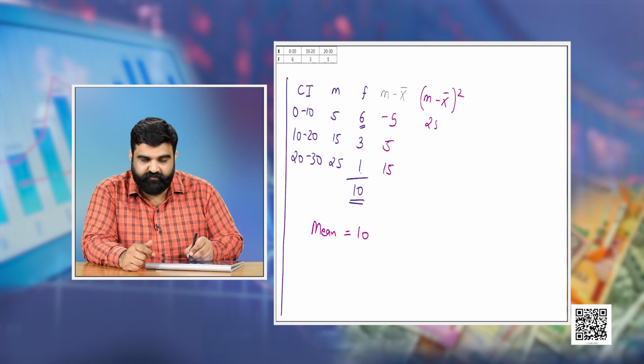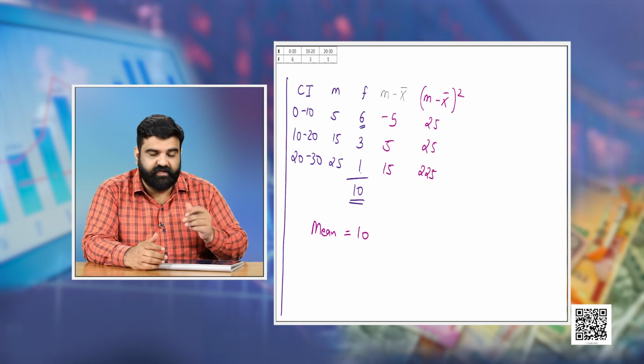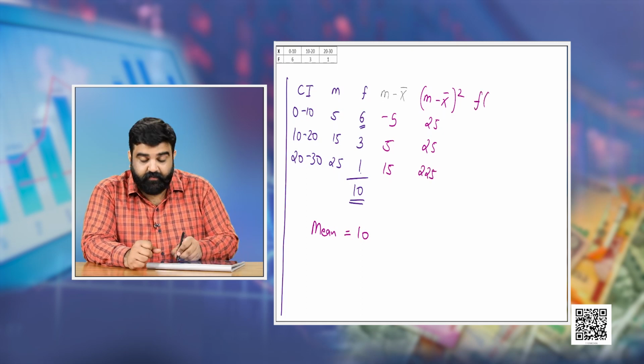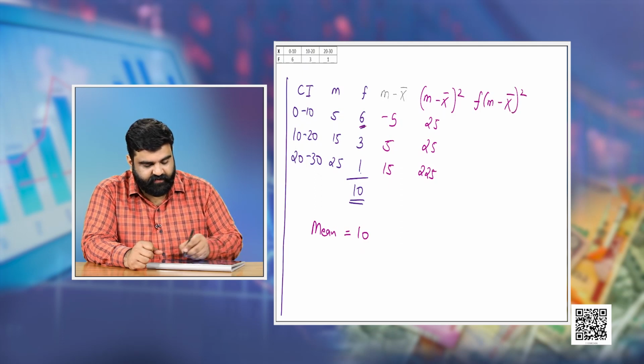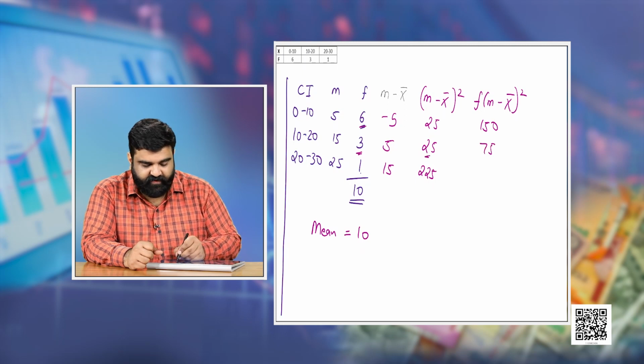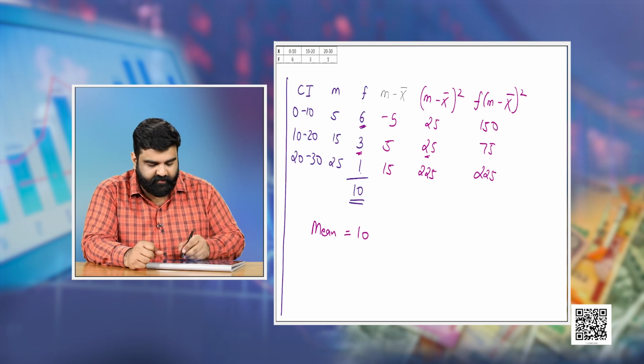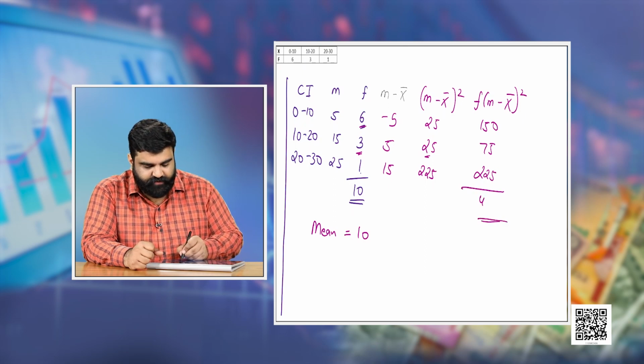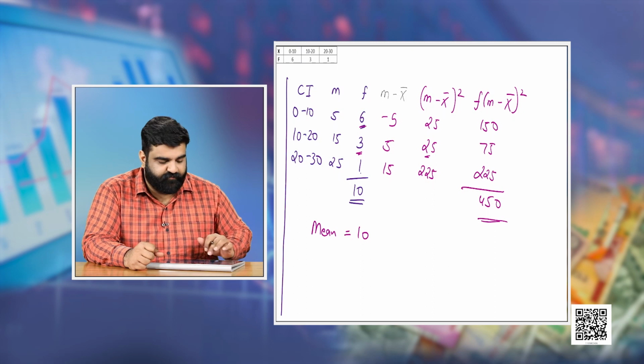So, I get 25, 25 and 225, which is 15 square. Now, let us multiply these values with frequency. So, I get 150, I also get 75 and finally, I get 225. This is 225 multiplied by 1. So, the total to this will be 450.